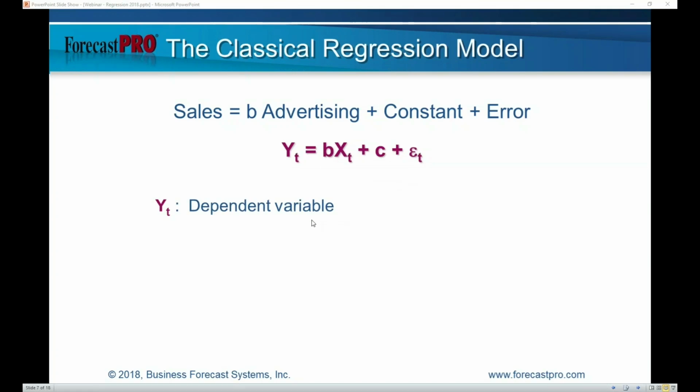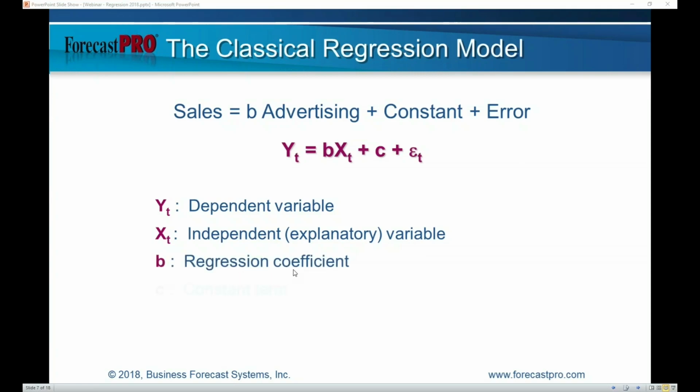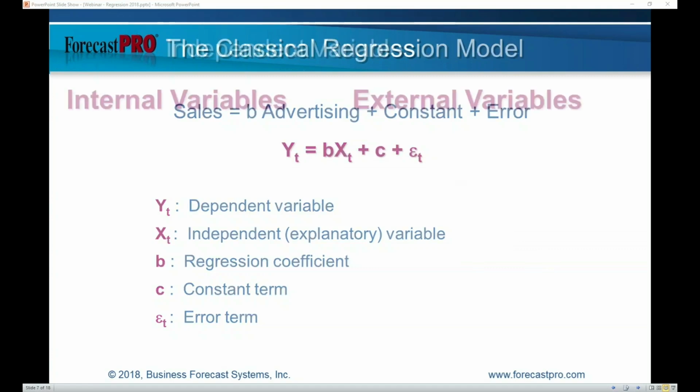So just in terms of terminology, we have the dependent variable, we have the independent or explanatory variable, and often this is more than one, so we have explanatory variables. We have regression coefficients, we have a constant term, and we've got an error. And this again is the basics of our regression modeling. We'll see when we start to talk about dynamics that this is a framework which can be extended, but this is where it all begins.